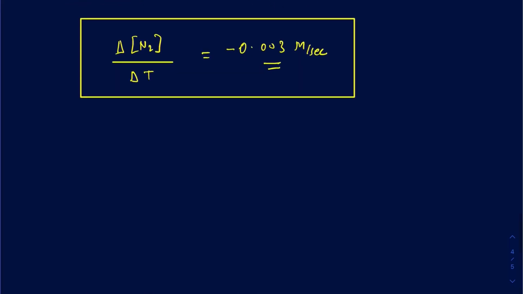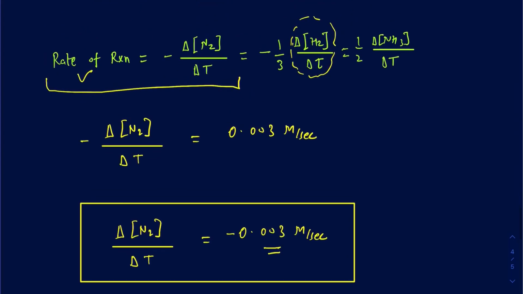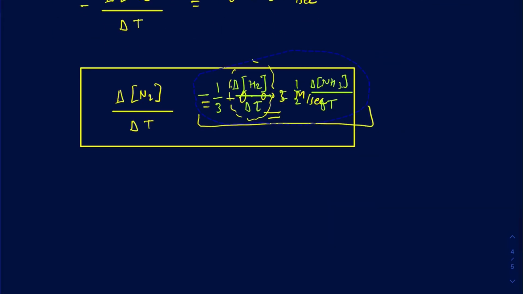Okay, in addition to that, we can also figure out the NH3. To do the NH3, you don't really have to use the rate of the reaction all the time. You can use other stuff as well. For example, I know the rate of disappearance of H2, so I can probably use these last two terms there. So let me just copy those down and bring those down here.